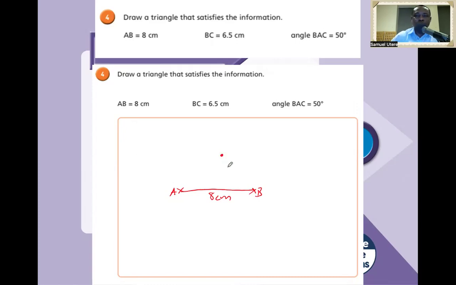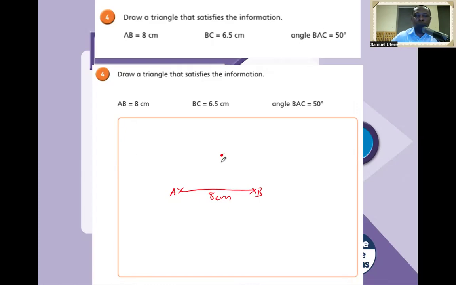Next, you've been told that BC should be 6.5 centimeters. So remember that you've already put your mark there.